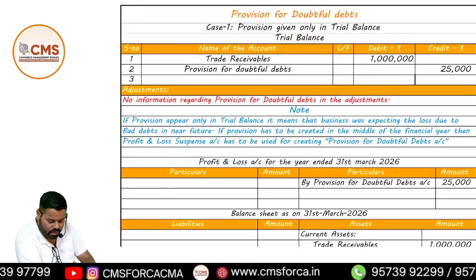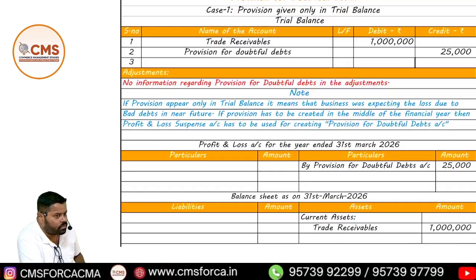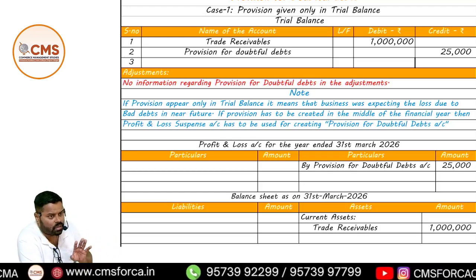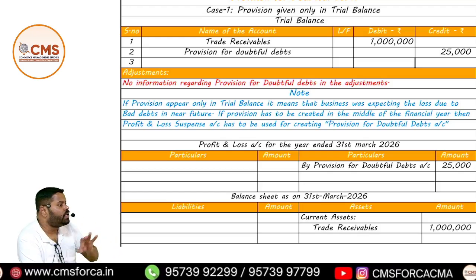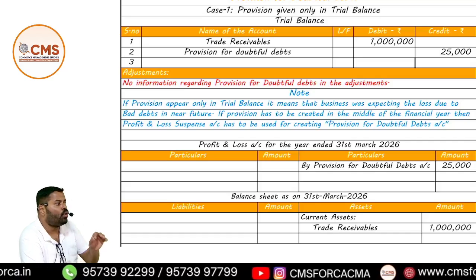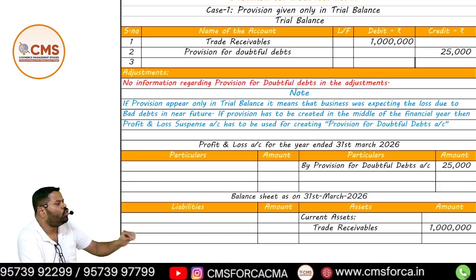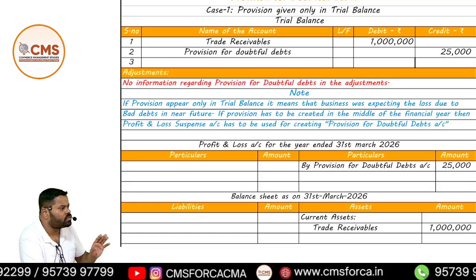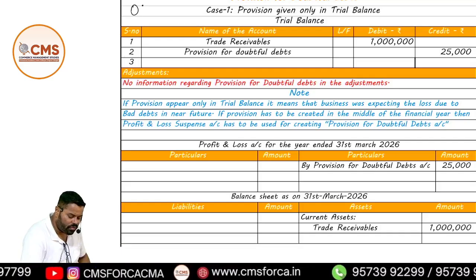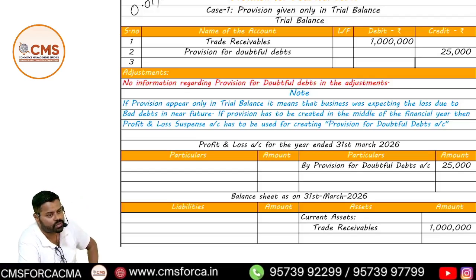Okay, let's understand this. Now, what does conservatism say? It says that provide for all known losses and never anticipate any income or gain. Conservatism says provide for, that is, write an entry, provide for all known losses. What is the meaning of known losses? If you have a doubt that you will get a loss, and the probability of getting that loss is 0.01 percentage.